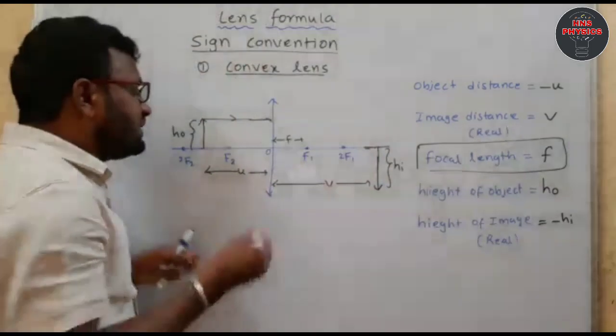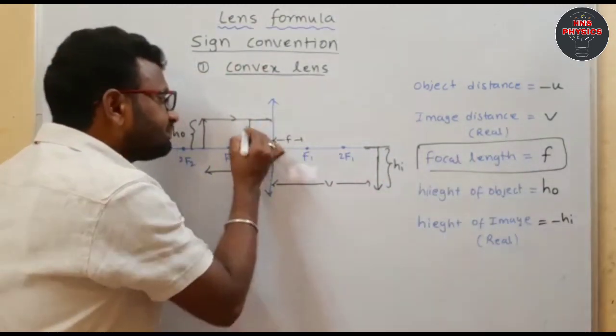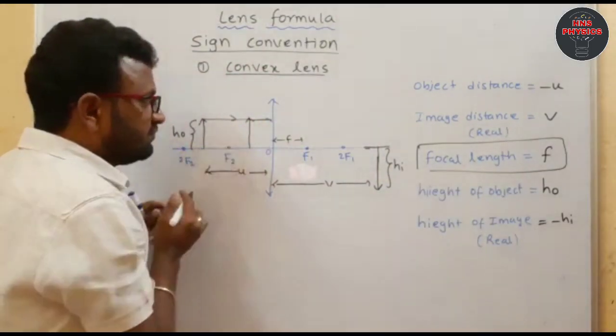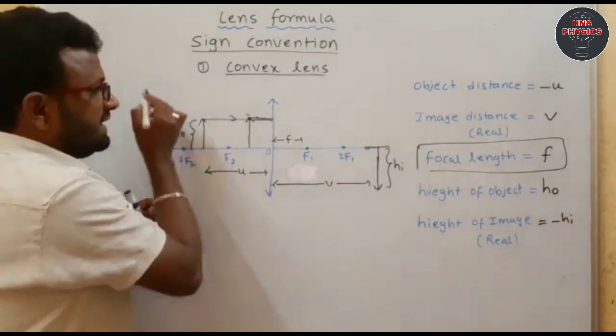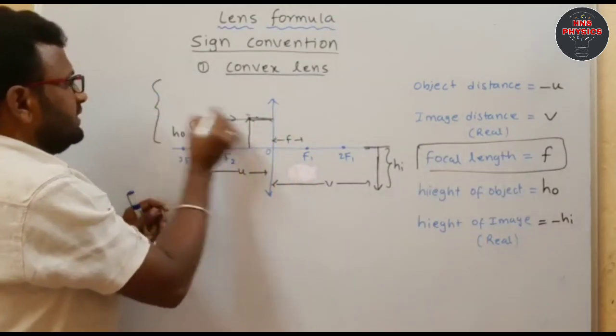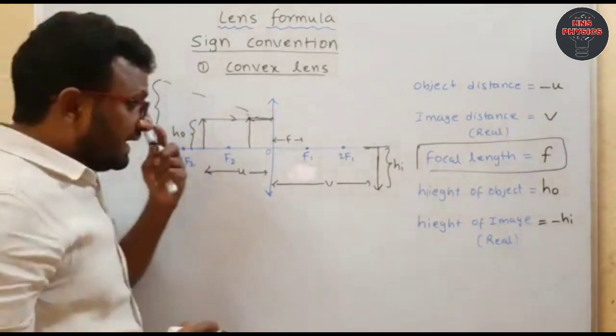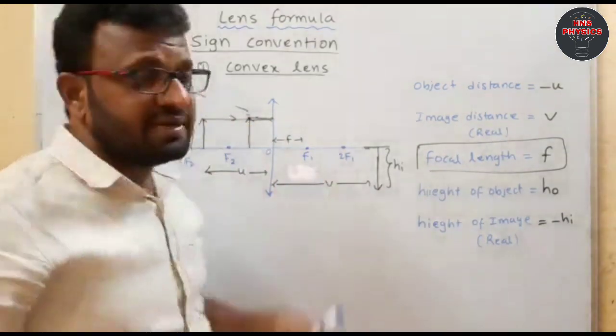When the object is placed between the optic center and f2, the image is formed on the same side of the lens. In this case a virtual image is formed.